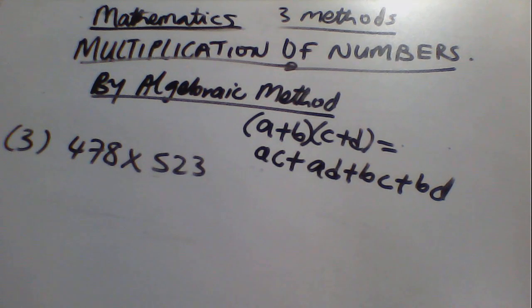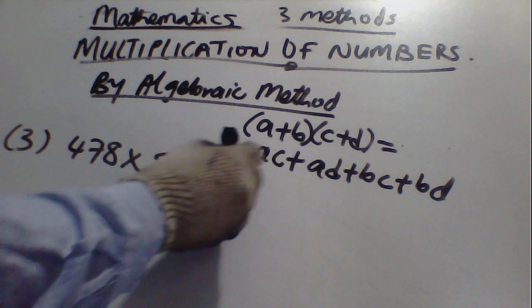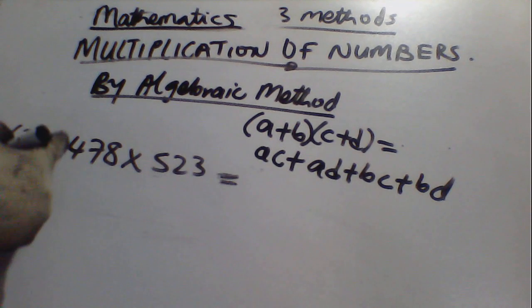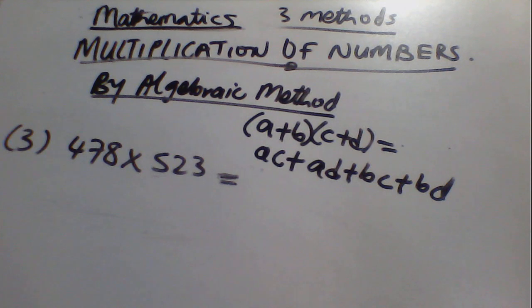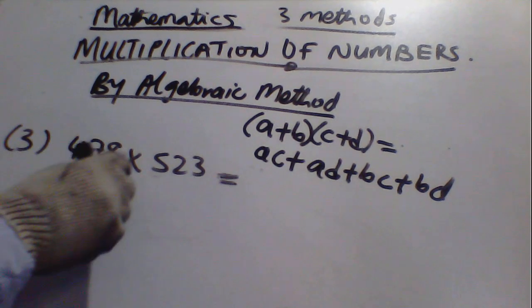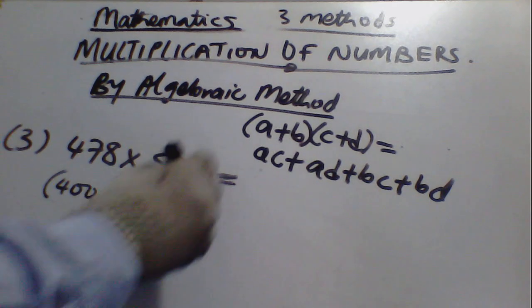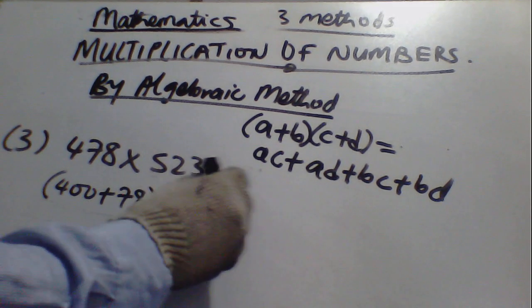So how do you multiply it? They are now in 3 digits. You can split it into hundreds with the unit. So in this case you have 400 plus 78, and again you have 520 plus 3.